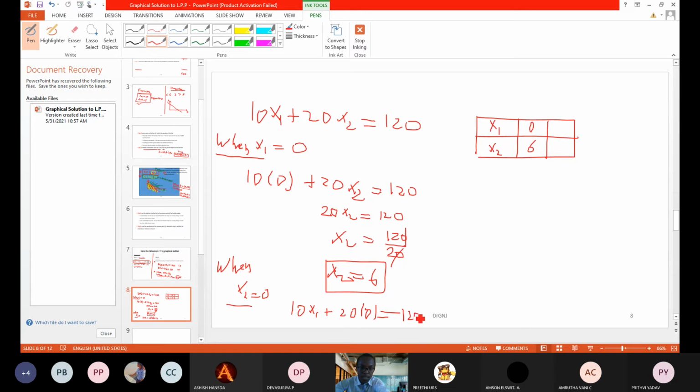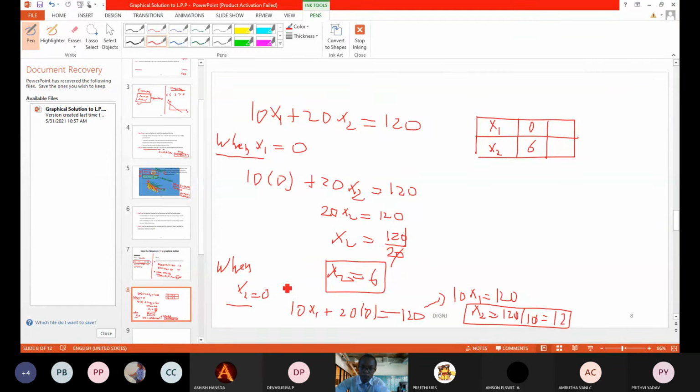Now this is 0, so 10x1 is equal to 120, and x1 is equal to 120 divided by 10, which is equal to 12.